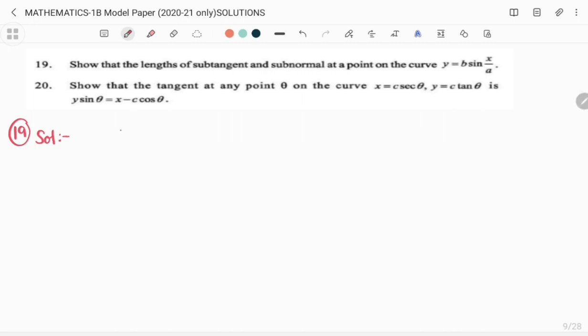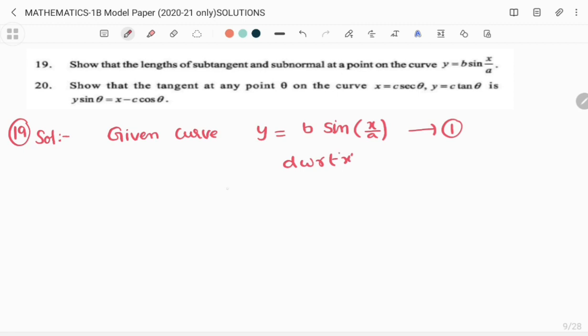So first step, given curve, y is equal to b into sine x by a. x by a means x into 1 by a. Keep that as equation number 1. Differentiate with respect to x. Y derivative is dy by dx, which is also denoted by y1. So b constant, sine of x by a.